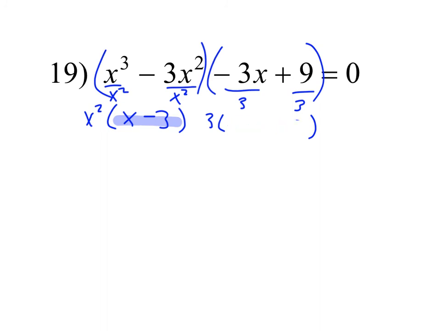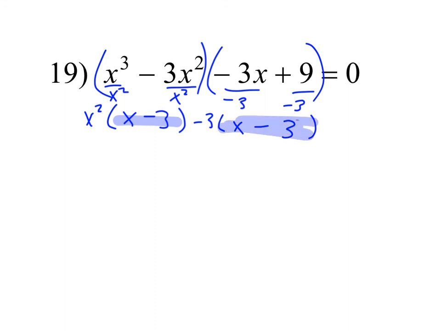So if we divided both of these by a negative 3, that would give us x minus 3. Now we have the same thing. So whenever you take out something that's not exactly the same, you might have to think, maybe I should take out something else. So you should take out a negative 3 here, because that'll give you the same things on the inside.